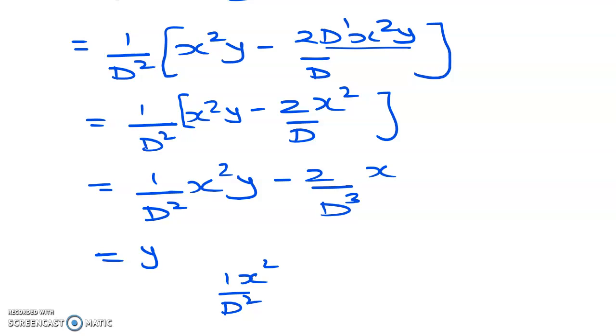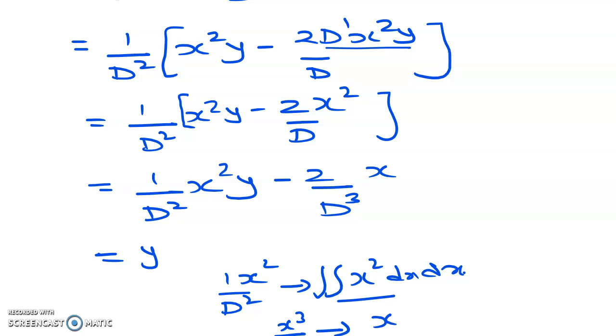I told you 1 by D is integration with respect to x, so it means twice integrating x squared dx dx. The first time integration, I get x cubed by 3. Again when you integrate, it is x power 4 by 12.